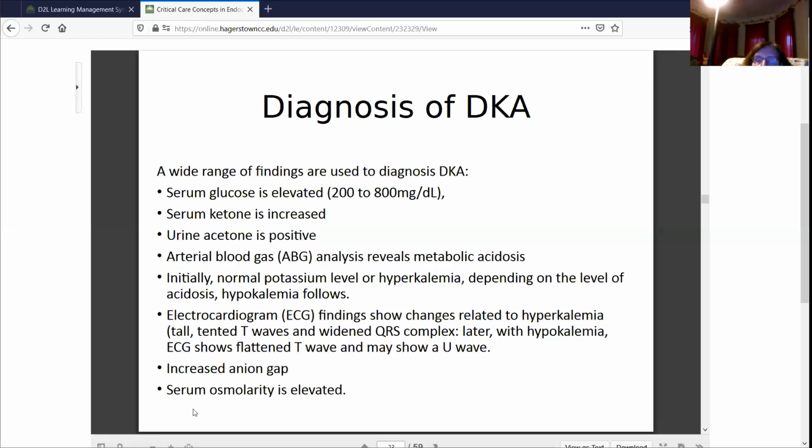Later, with hypokalemia, the ECG shows flattened T waves and may show a U wave. Okay, so with hyperkalemia, tall tented T waves and a widened QRS complex. Later, when their potassium decreases and they become hypokalemic, you will see flattened T waves and it may show a U wave. Okay, increased anion gap and serum osmolarity is elevated.